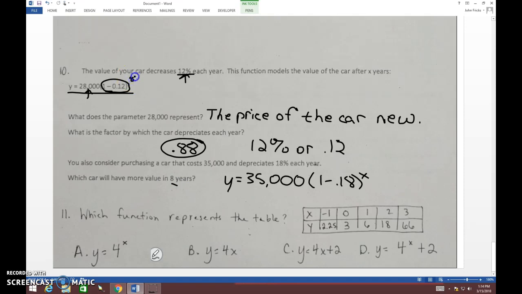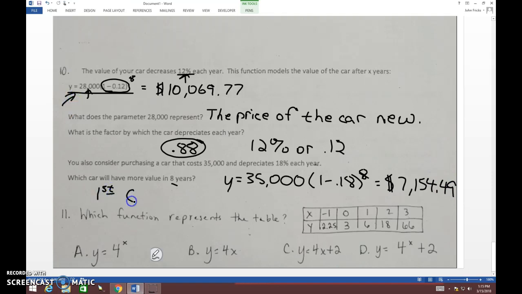When you substitute in 8 for this problem, you should come out with an answer of $10,069.77. For the other one, you substitute in an 8, and when you solve it, you're going to get an answer of $7,154.49. So it makes sense that the first car we were talking about in the problem is going to be worth more money. So the first car.